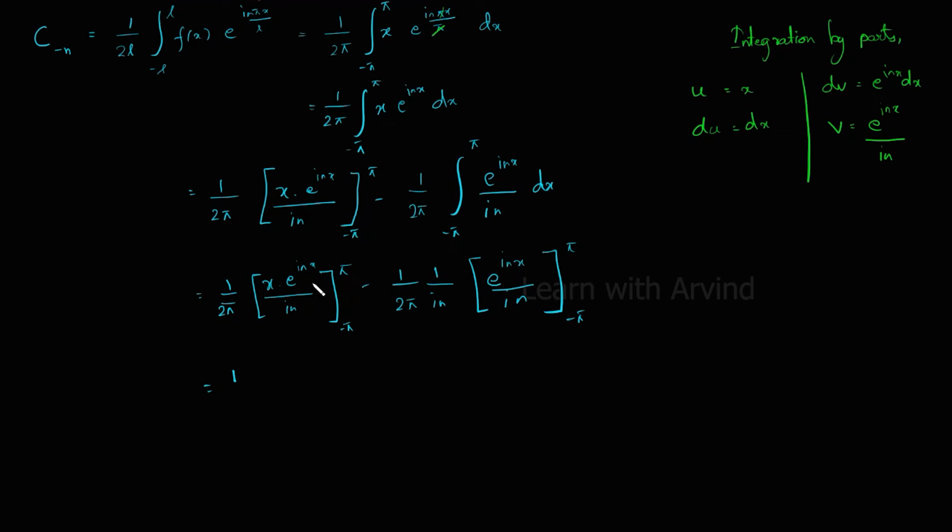Now substituting these values in the u dv formula. Now we are applying the limits, taking a constant i n outside. This i n will come outside and become i n squared.